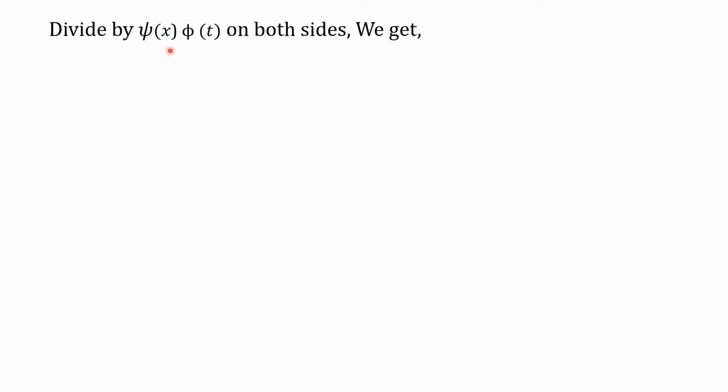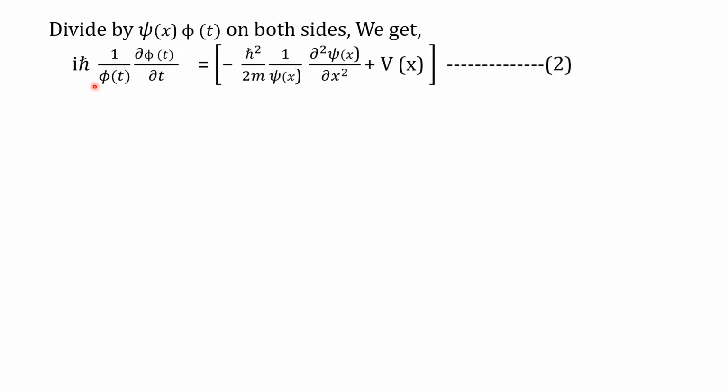After dividing by psi of x phi of t on both sides, we get the equation i h cross into 1 by phi of t, since psi of x in the numerator and denominator cancel, into del phi of t by del t equal to the bracketed term: minus h cross square by 2m into 1 upon psi of x, since phi of t in the numerator and denominator cancel, into del square psi of x by del x square plus V of x.